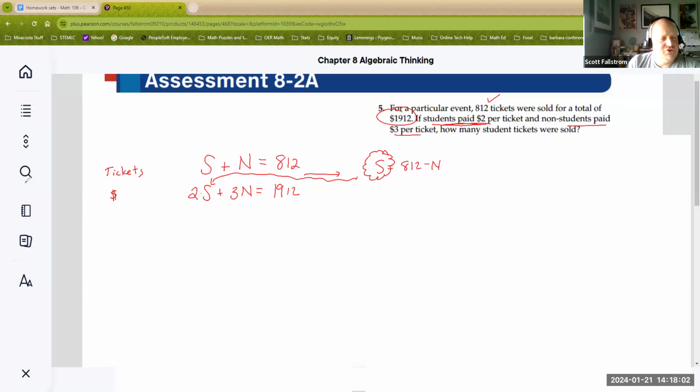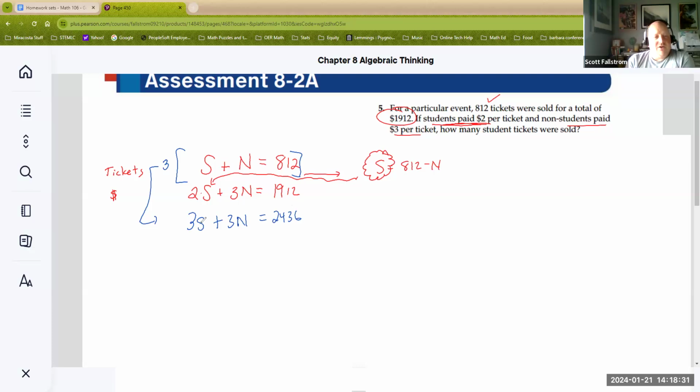Another option is to use the elimination method, where I might multiply the entire equation on top by some value, rewrite that equation, and then add or subtract accordingly. So for example, that would look something like maybe multiply everything by 3. So now I have 3S plus 3N equals 3 times this, which becomes 2436.